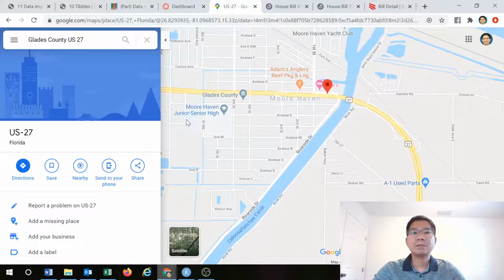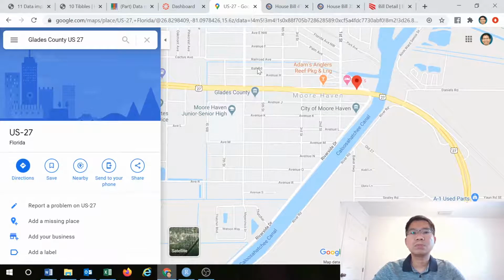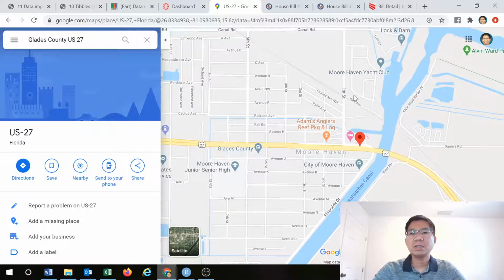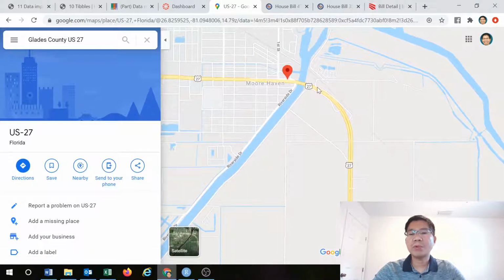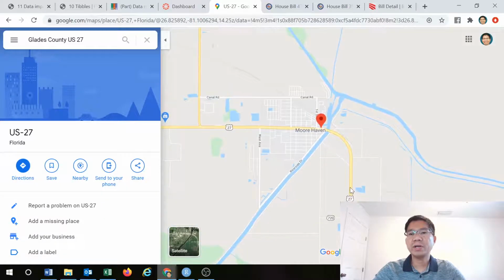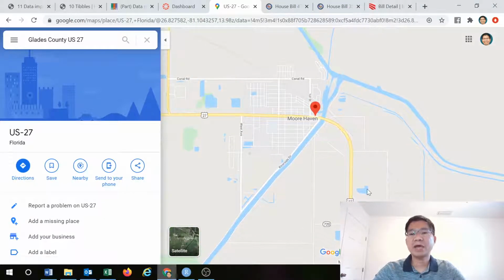Currently they have a small wastewater treatment plant here. It only serves about 10,000 people in Moorhaven, but there is limited wastewater treatment in this corridor, and that hampers the development in these areas.